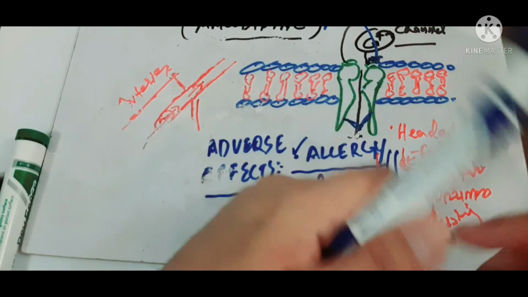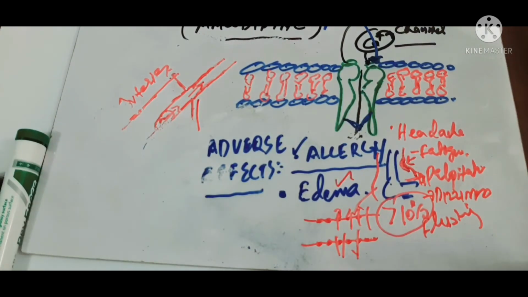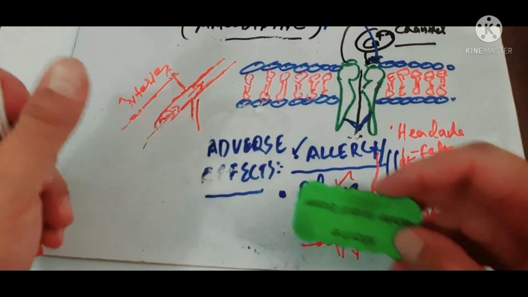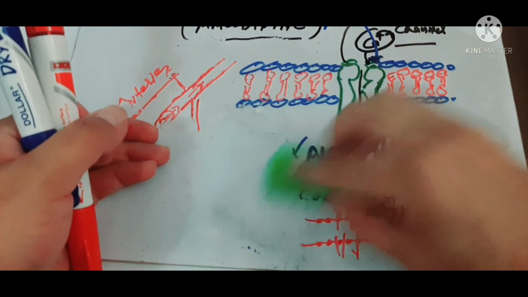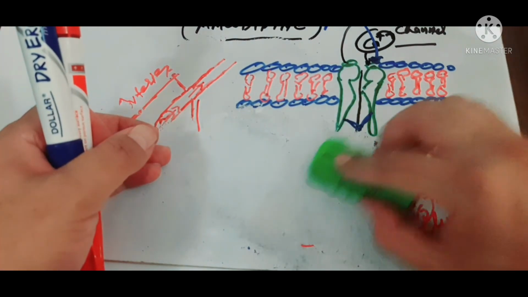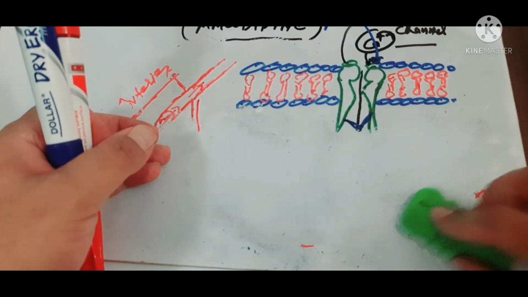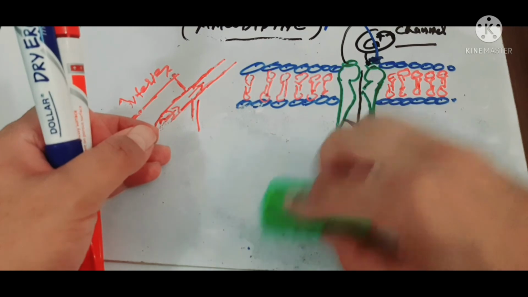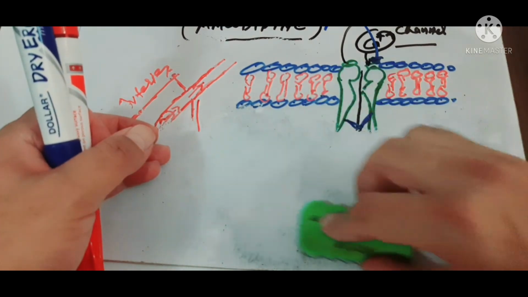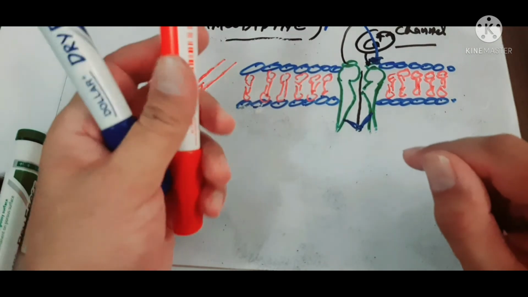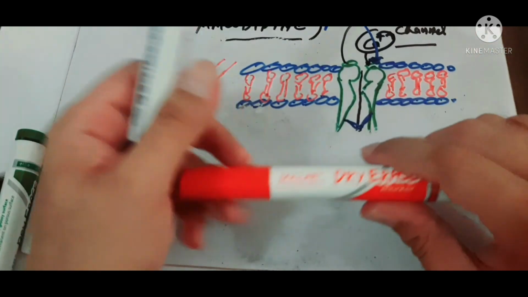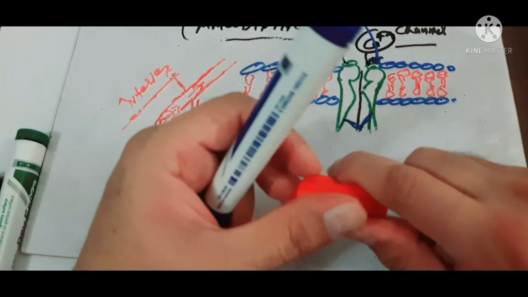Another question about this medication, as we said, it is a commonly used medication. So another important question is whether this medication, amlodipine, can be used in pregnancy or not. There is no proper data available which can say there is any adverse effect or any congenital malformation.